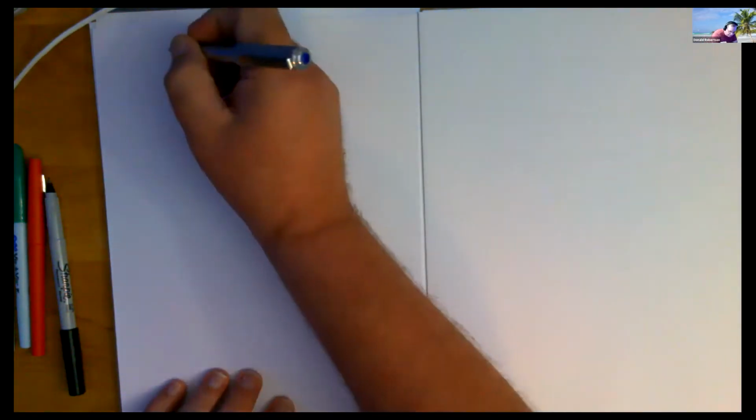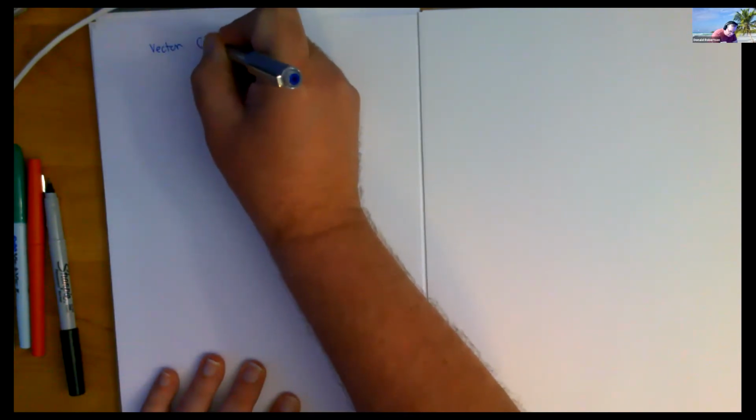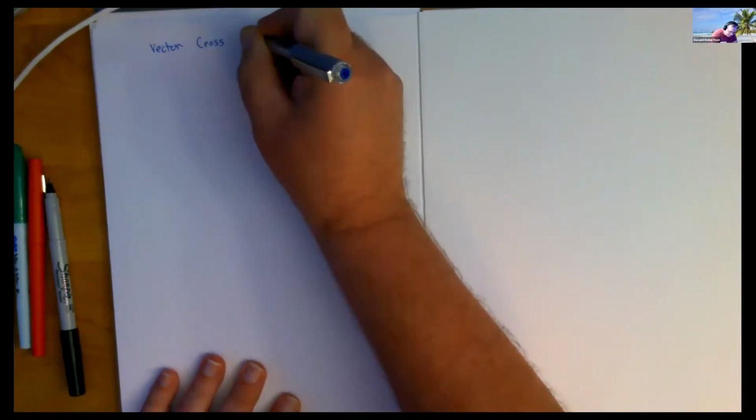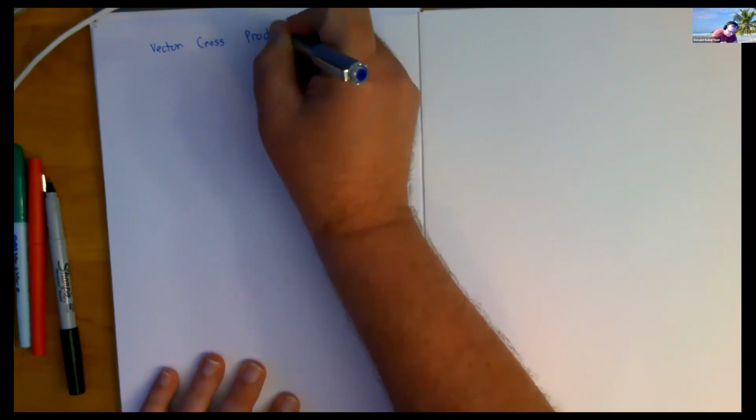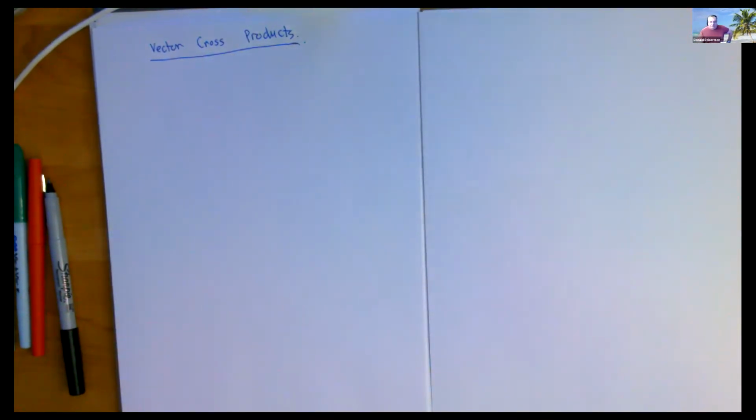So we're going to continue from where we left off, which is looking at vector cross products. My goal today is to continue with these and show you some other interesting properties of them.